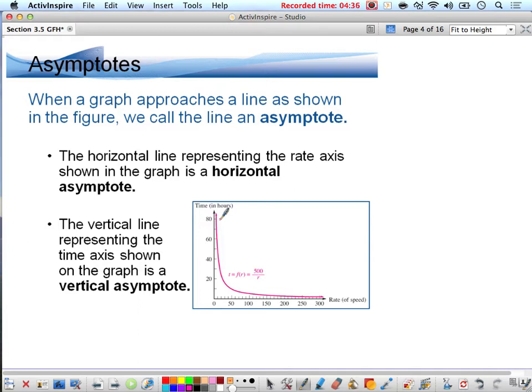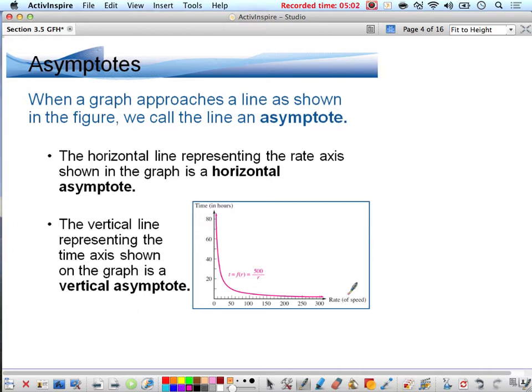That y-axis there is functioning as what we call a vertical asymptote right here. And that's what we're going to talk about first. But as it turns out, this particular graph also has a horizontal asymptote this way. So as we trace from here out to here, see how this graph is getting closer and closer to the x-axis but not actually crossing over it?